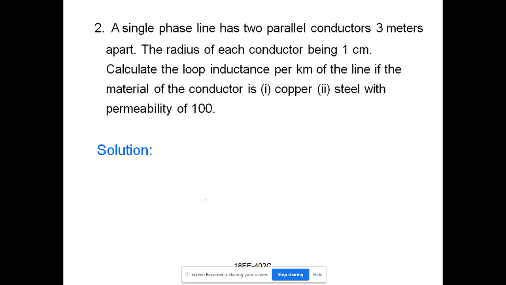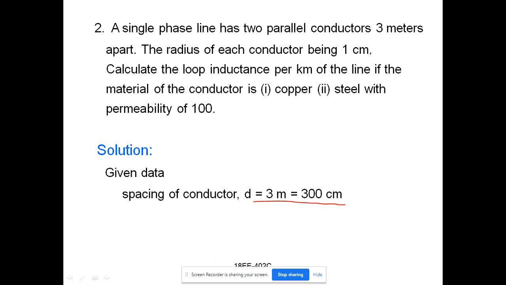Now let us see the solution. The given data is spacing between the conductors is 3 meters. On converting this into centimeters, we get 300 centimeters, and the radius of the conductor is 1 centimeter.